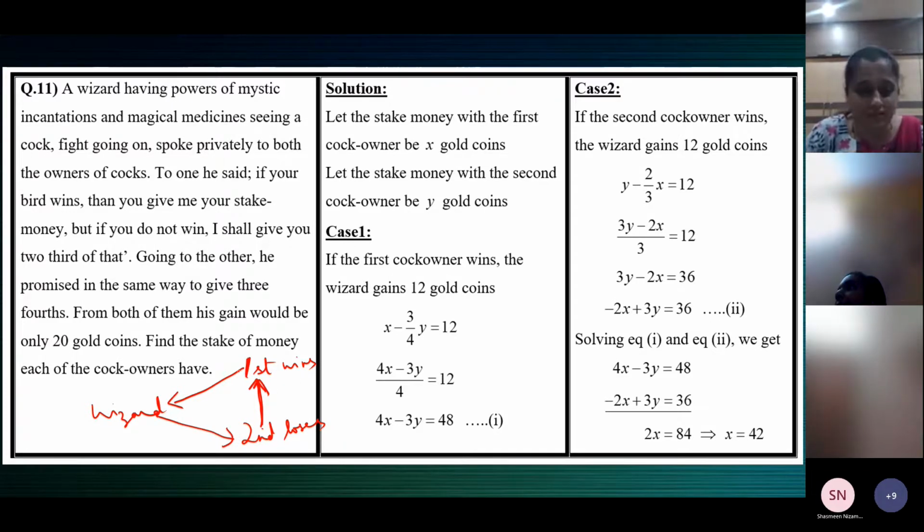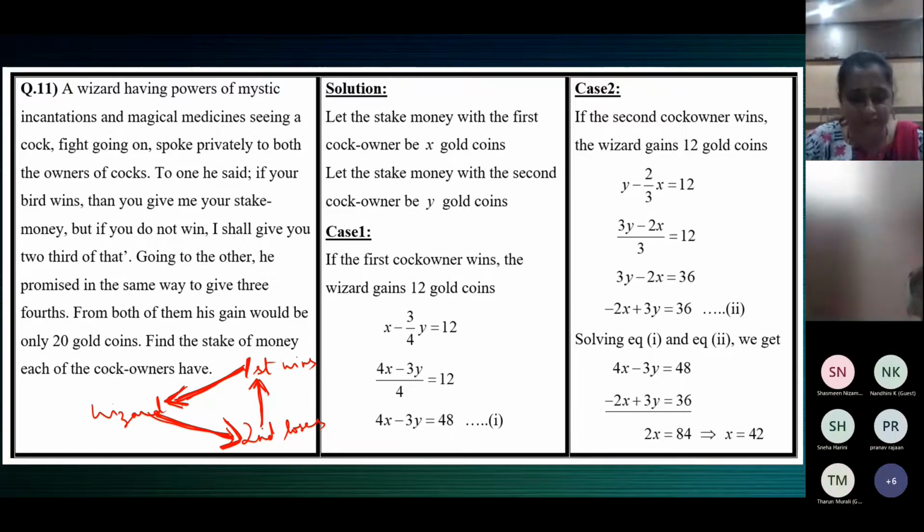That means the wizard will take money from the winner and he'll give some money or some gold coins to the loser. And the winner here, though he gives some money to the wizard, he still gets money from the loser.